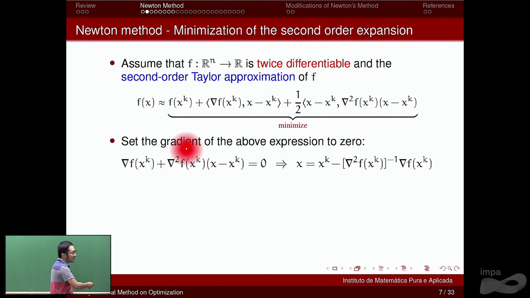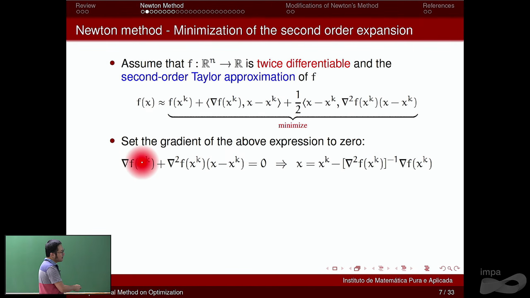How do we minimize it? We just set the gradient of this part equal to 0. We take the gradient of this function with respect to the variable x, then we get this equation, and then we want to solve for x.